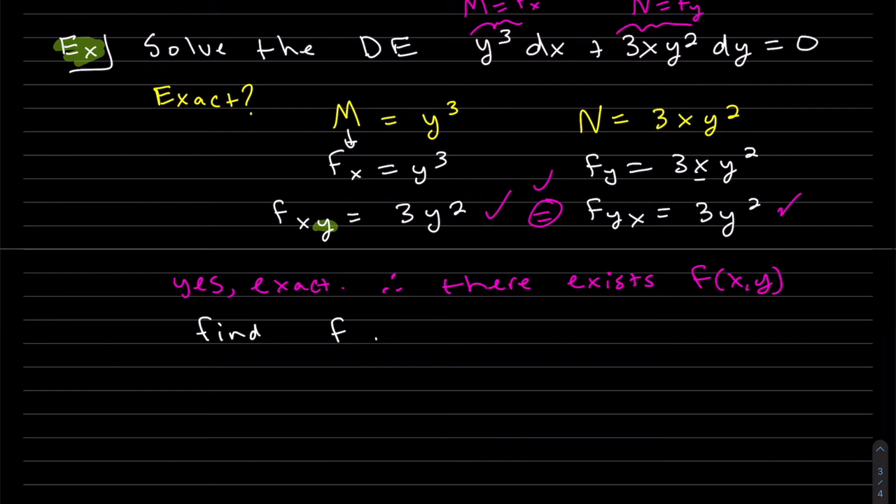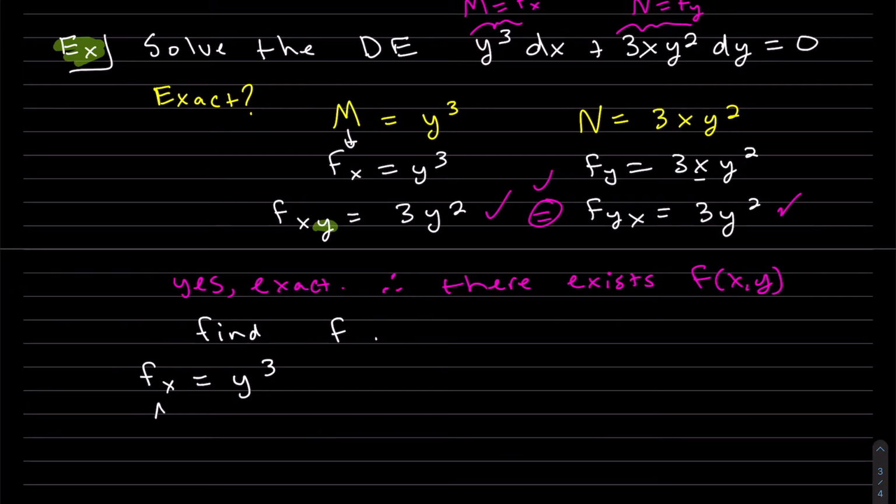We're going to start off, it actually doesn't matter which one we start with. We can either start with f of x or f of y. Typically, we start with the first one. You can practice it both ways to see you'll get the same equation. So f of x, we know, is y to the third.